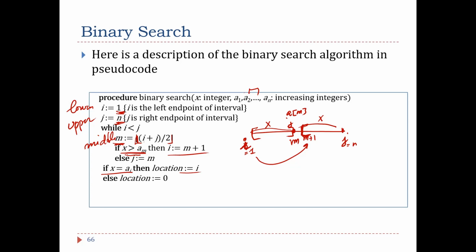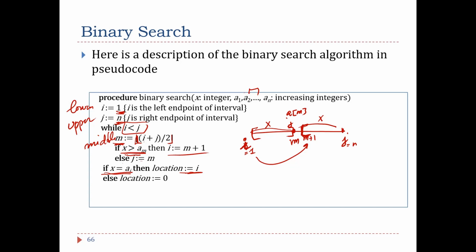And finally, we keep on doing this as long as I is less than j. And when we go out of this loop, we will find out that finally x would have been equal to AI.